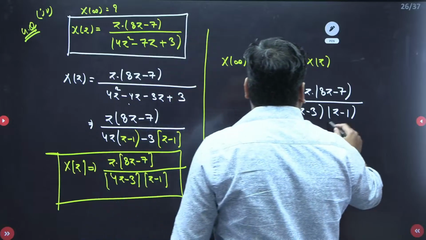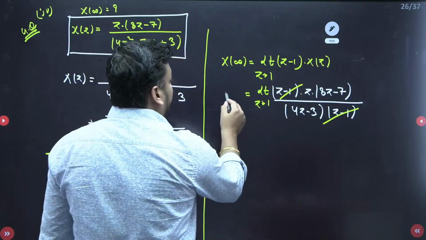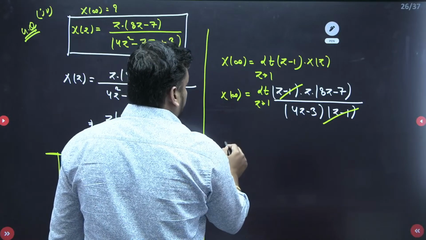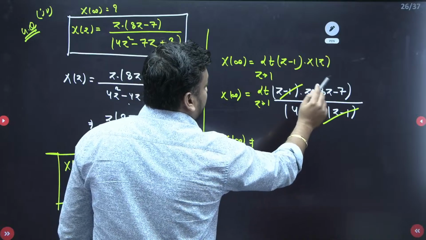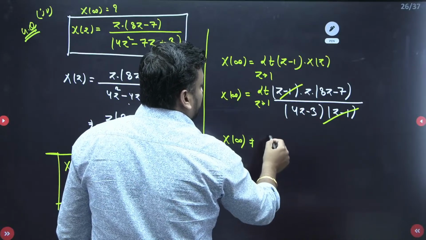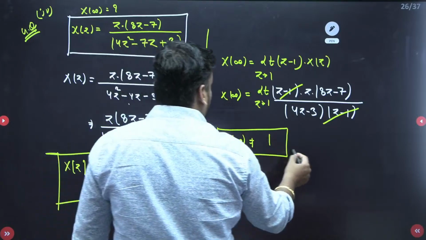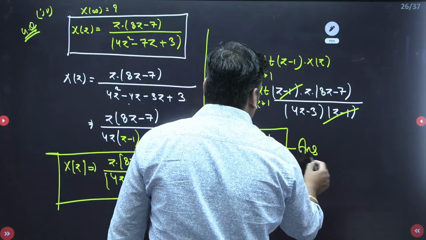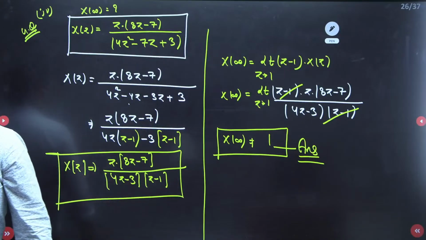This part and this part get cancelled out. Finally putting in z equal to 1, 8 minus 7 is 1, over 4 minus 3, which is 1. The correct answer for this question is 1 only, and it is a GATE PYQ, guys. Yes or no? Make it fast.